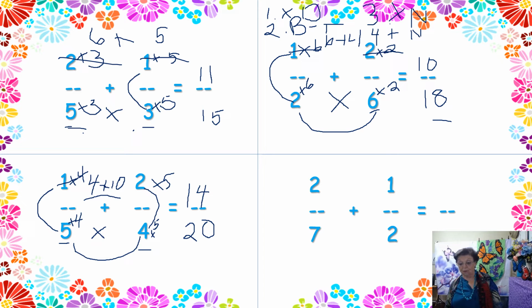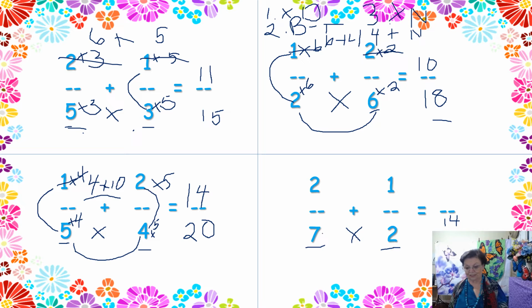Uh-oh. Some more unlike fractions. We have a 7 for a denominator and a 2. What's the first thing we do? Correct. We're going to multiply the denominators. 7 times 2 is 14. Whatever you do to the bottom, you have to do to the top.